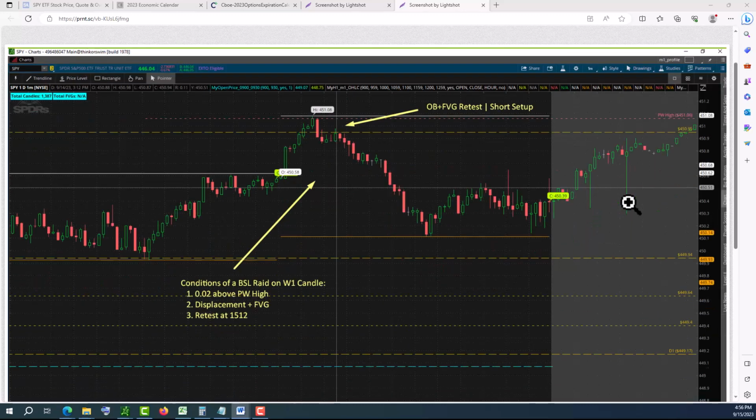because for whoever is long, it trapped a lot of buy side and sell side liquidity, and the smart money or market makers run the algorithm to grab all the buy side liquidity.